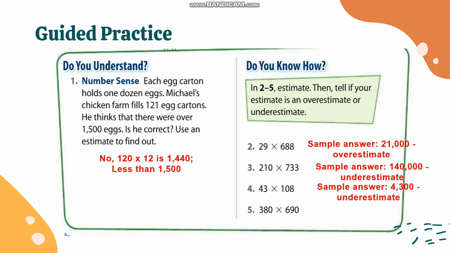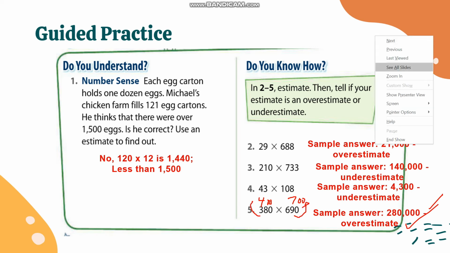Number 5, 380 multiplied by 690, my possible answer is 280,000. Why 280,000? Because I'm going to change this into 700 and this is 400. So 700 multiplied by 400 is 280,000. And why overestimate? Because from 690 it becomes 700 and 380 becomes 400.